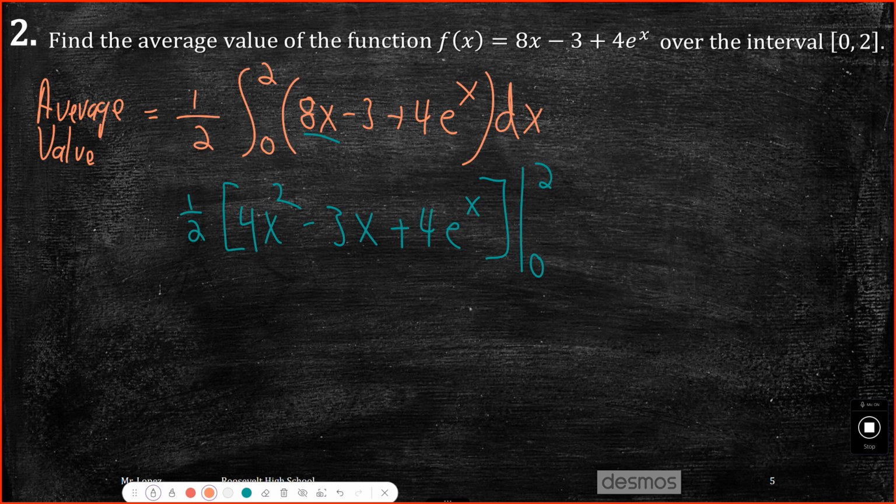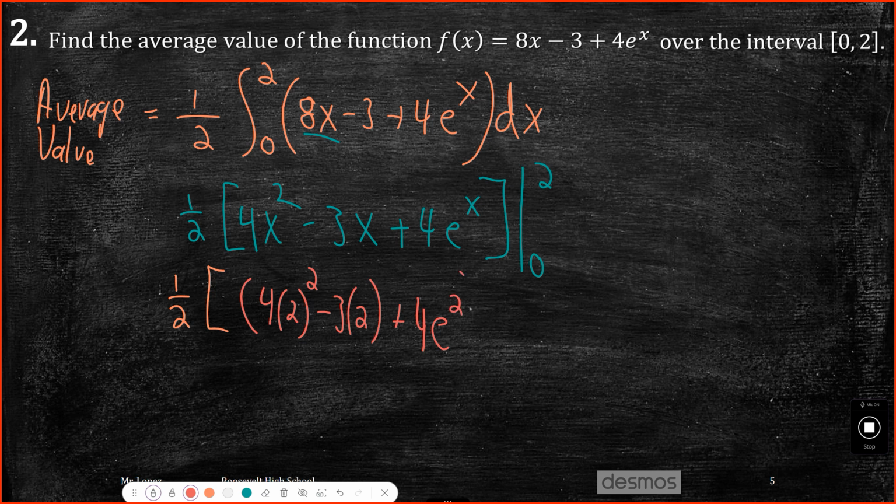So this is going to be 1/2, and let's plug in the 2. We're going to plug in 4x is 2 squared, minus 3 times 2, and for e to the x, it's 2.